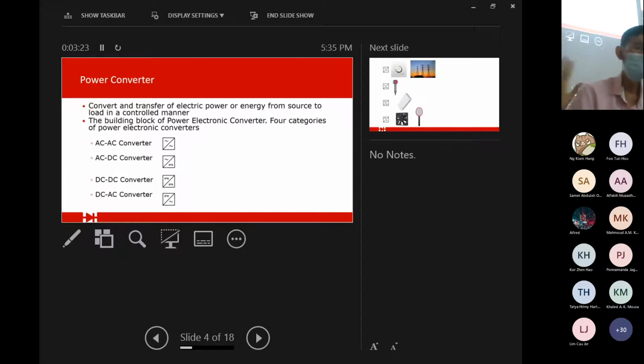Now, the easiest way to remember this is that you have to know that electricity consists of AC and DC. And you just combine them, you end up with 4, right? So this is how you can remember the 4 types. And this is the typical symbol, okay? You can see that there's always a square box cut half diagonally.